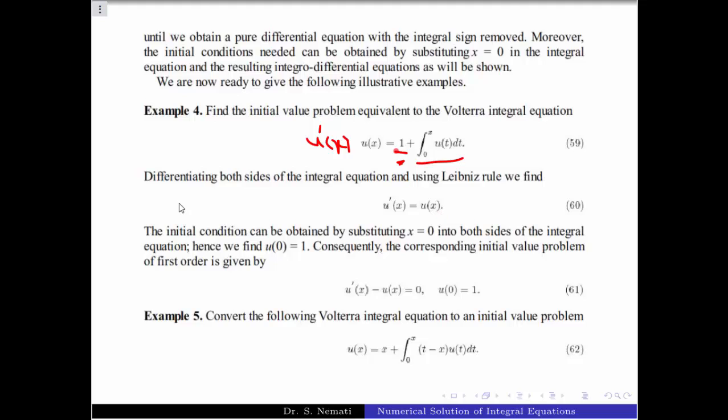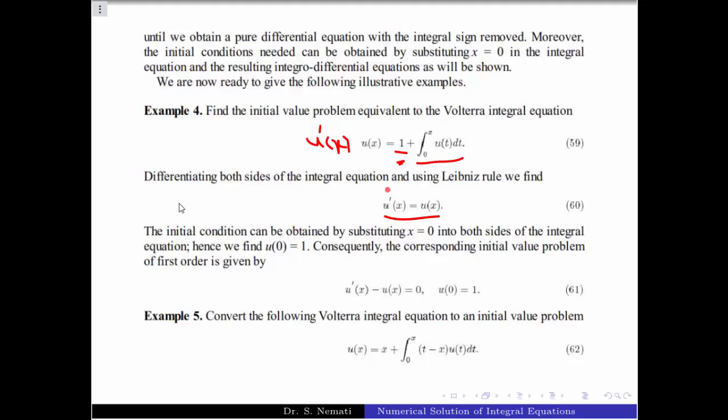So we obtain u prime of x equals u of x. This is the differential equation equivalent to this Volterra integral equation, but we need one initial condition to have the initial value problem equivalent to our Volterra integral equation.